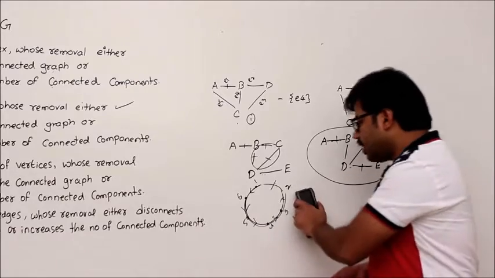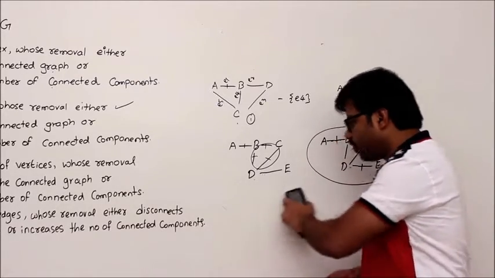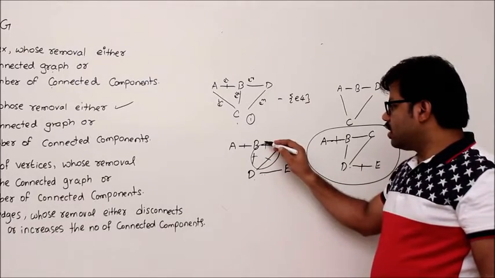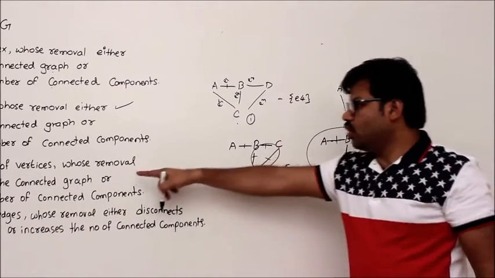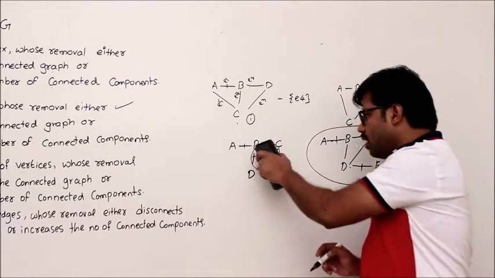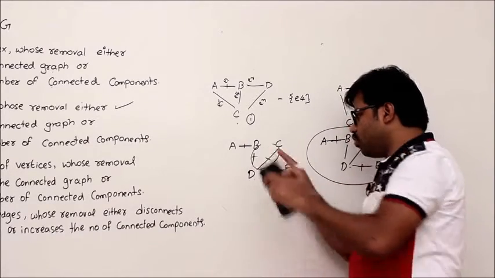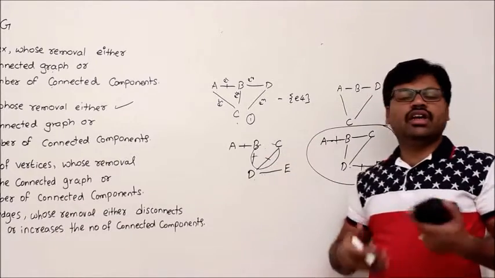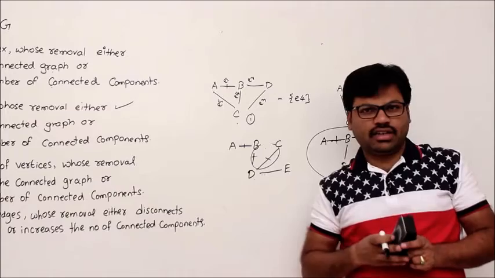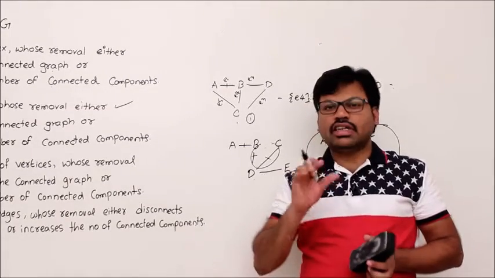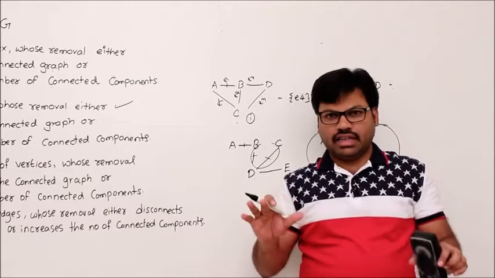Understand? So when an edge cannot disconnect the graph, definitely it will be on a cycle. That's why no cut edge, no bridge, will be on a cycle. Whenever an edge is on a cycle, its removal cannot disconnect the graph, because you will have an alternative path between every two vertices on that cycle. Okay, so that's why blindly remember from now onwards, a cut edge cannot be on a cycle.